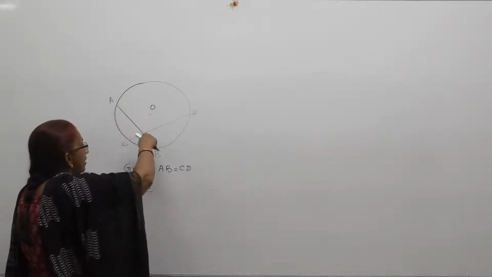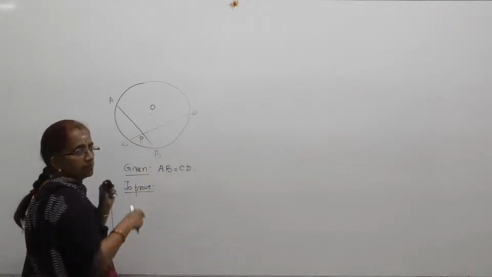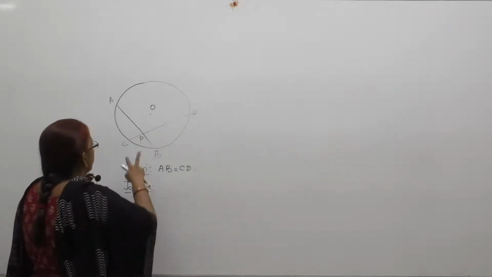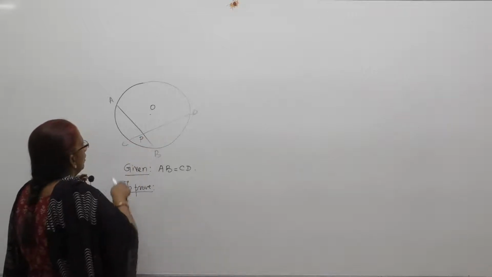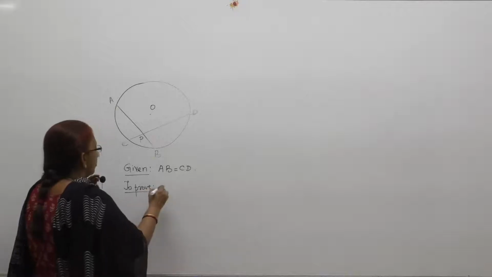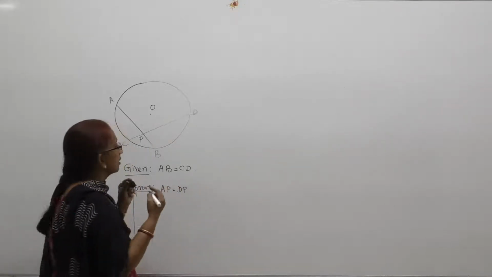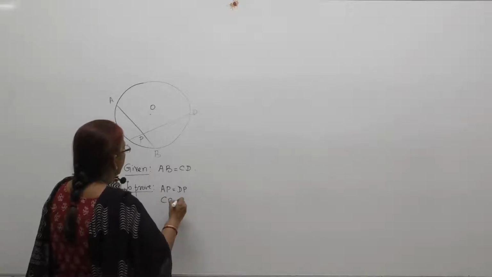One segment is AP and the other segment is BP. Here, one segment is CP, the other segment is PD. You need to prove that CP and PB are equal and AP and DP are equal. These are the corresponding segments.